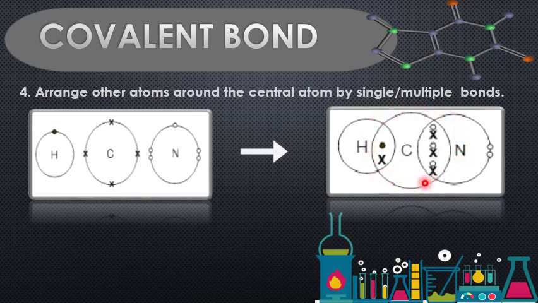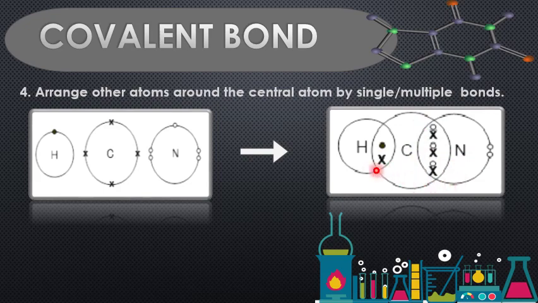Now you can see the electron pairs carbon is going to share with nitrogen is 3 electron pairs, because nitrogen needs 3 electrons to complete its valence shell, as nitrogen has 5 electrons in its valence shell. So there will be 3 electron pairs, and carbon is going to make a triple covalent bond with nitrogen.